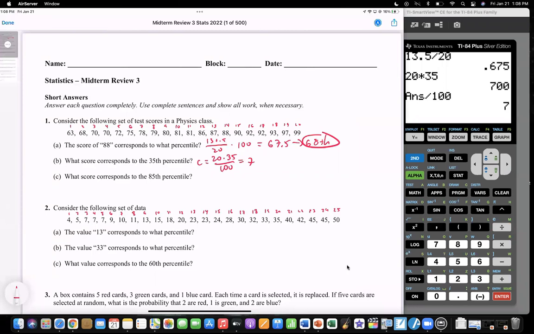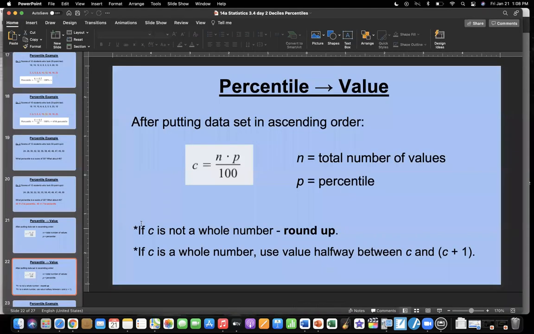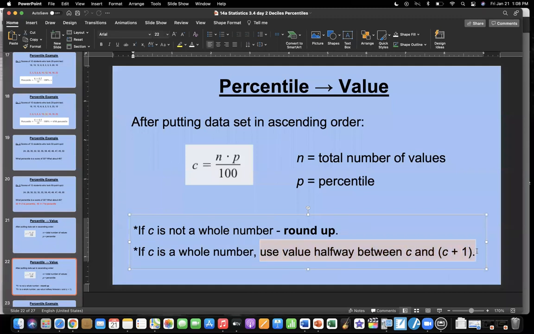But if you remember, going back to our rules, if I get a whole number, we have to use the value halfway between the C we got and C plus 1. Since we got 7, I have to go halfway between 7 and 8, so the 7th and the 8th value.